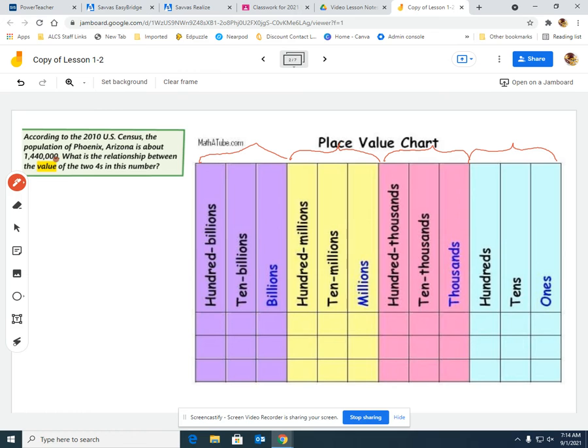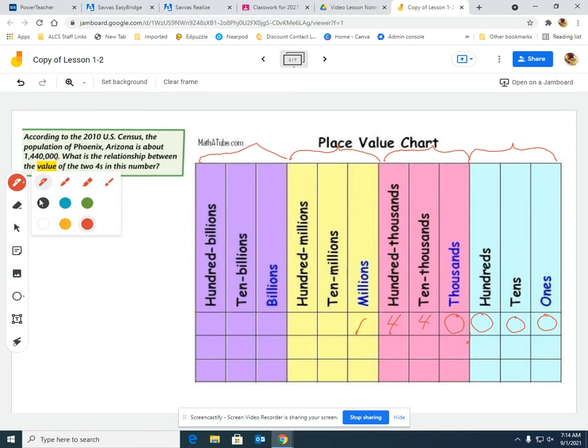So if I'm looking at writing 1,440,000, again, start left and move right. I've got a 0 in the ones, a 0 in the tens, a 0 in the hundreds. I've got a 0 in the thousands, a 4 in the 10,000s, a 4 in the 100,000s, and a 1 in the millions. So we're looking at the value of the two 4s.